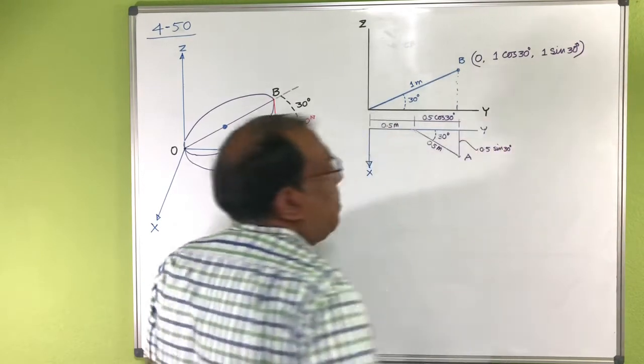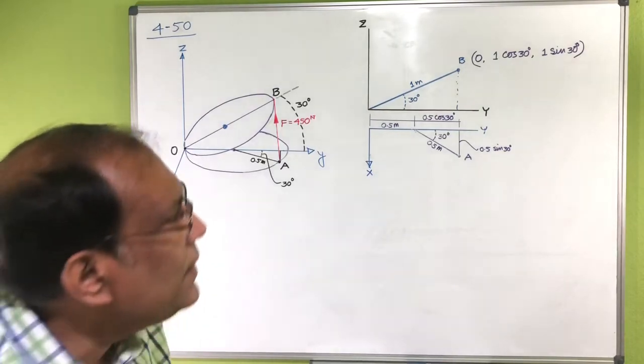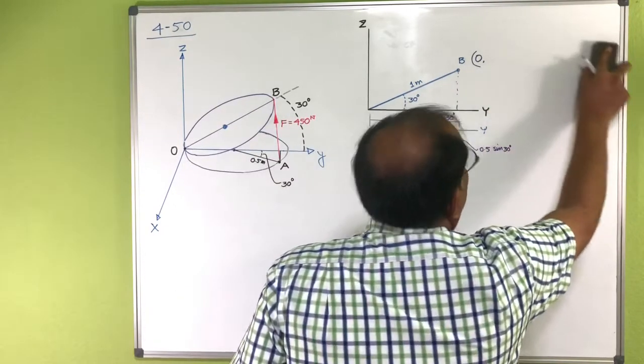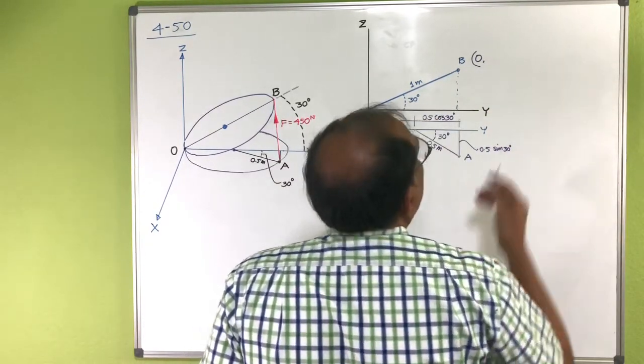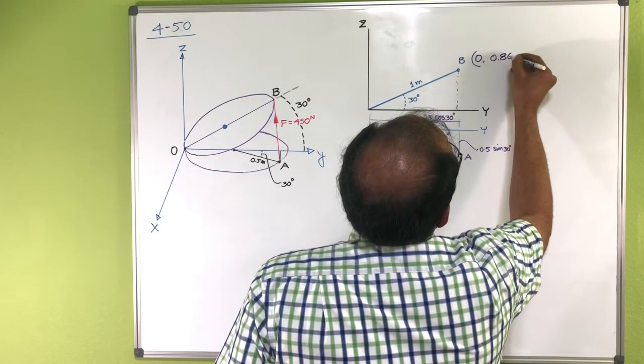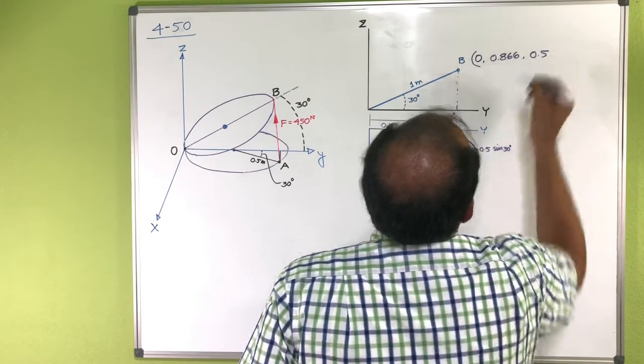So if I plug that value there, that would be 0.866, that's cosine 30, and this is 0.5.